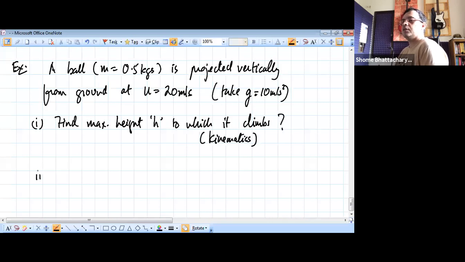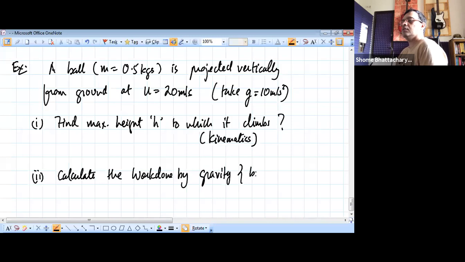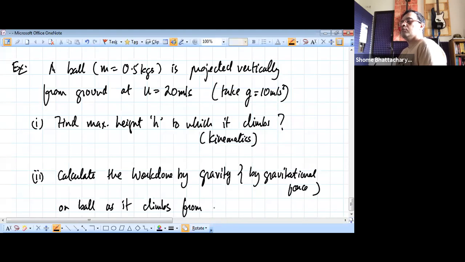But now come to the vector part. Now calculate the work done by gravity, that is by the gravitational force on the ball as it climbs or moves vertically from ground to maximum height.